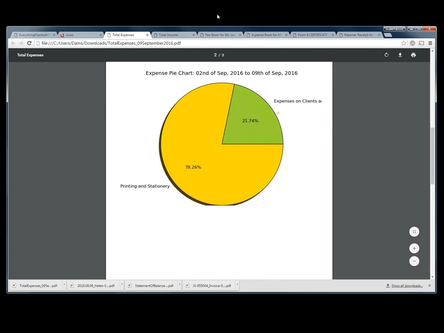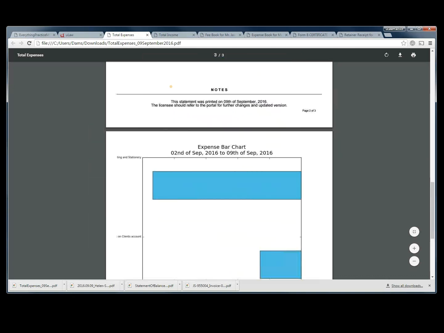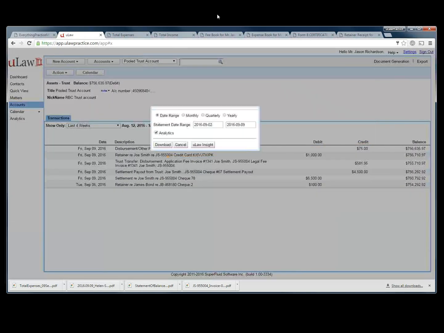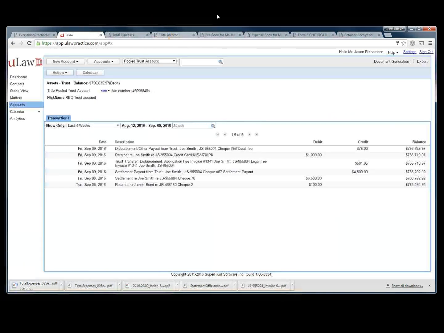How much was that? You want to break it out. Now, sometimes expenses can actually be even client expenses. So when you do an expense statement, let me do, say, an entire yearly, and when you do a downloaded analytics, you will actually see a lot more that was not visible by just numbers, right?